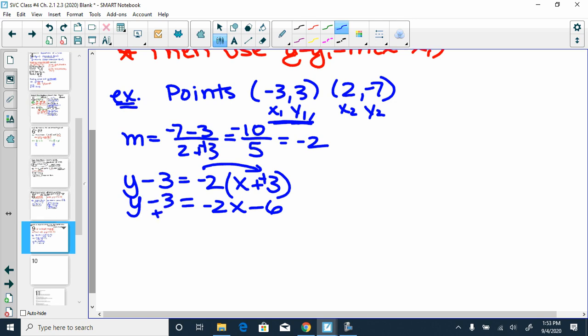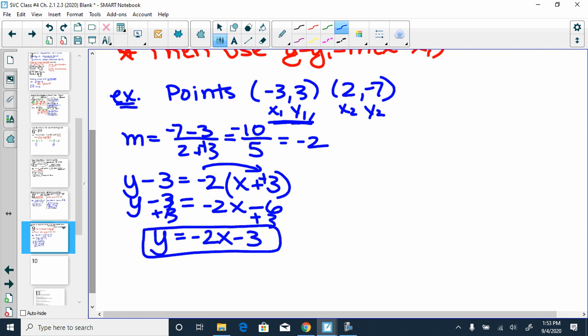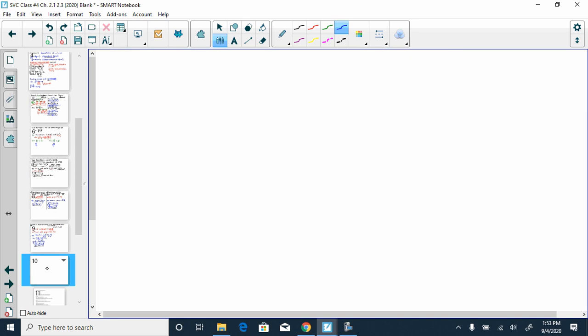Once you distribute, then you just solve for y. Add 3 to both sides. You end up with y equals negative 2x minus 3. And there is the equation. Okay? Again, that's in slope-intercept. If I wanted you to convert that to standard, you should easily be able to move that 2x to the other side.